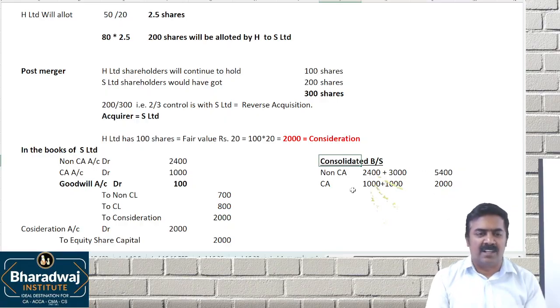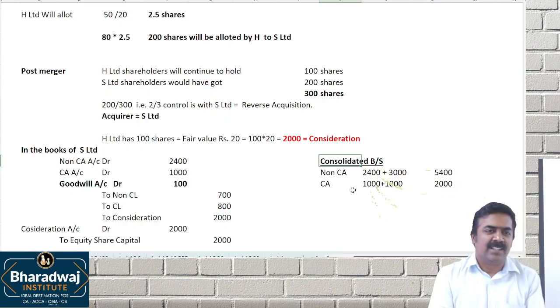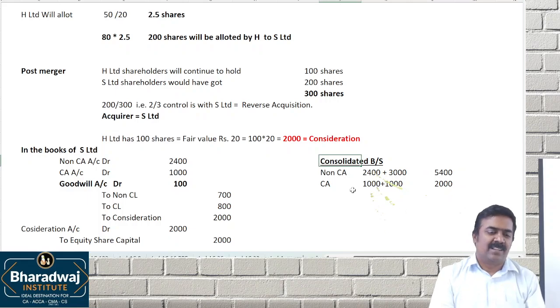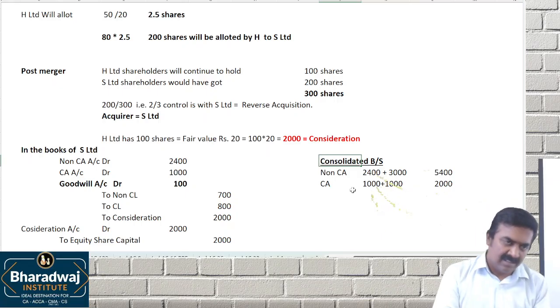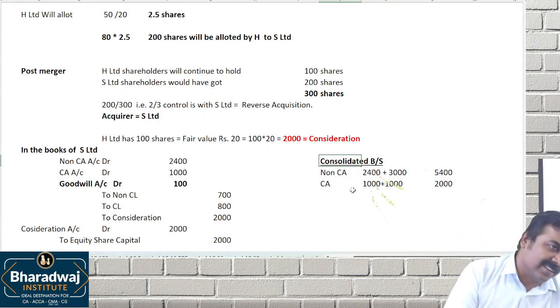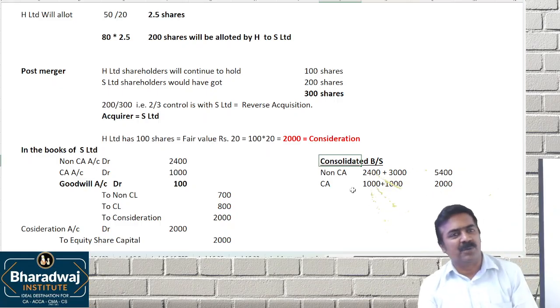Here, because of reverse acquisition, we can work it out in reverse. Capital and other equity will become like consideration. Based on assets, what they pay is correct, but on the basis of control, that one becomes the acquirer. So from that point of view only we have to work.